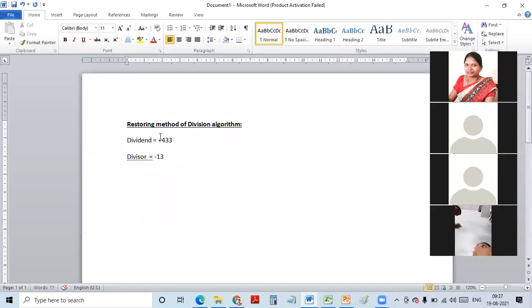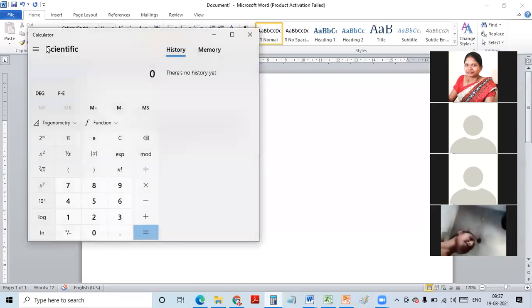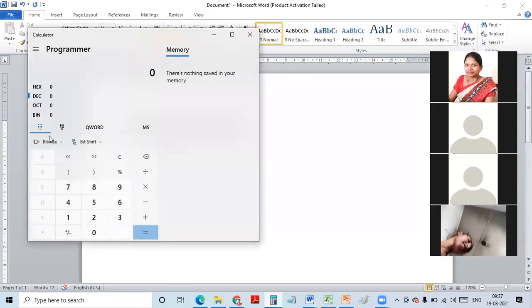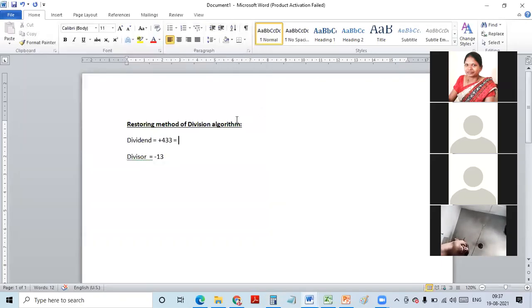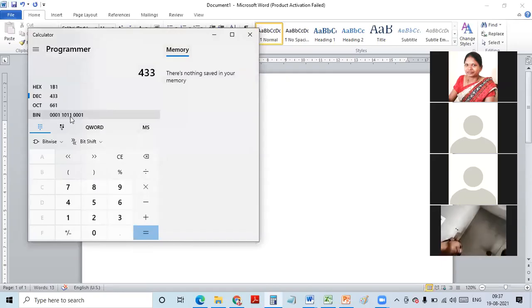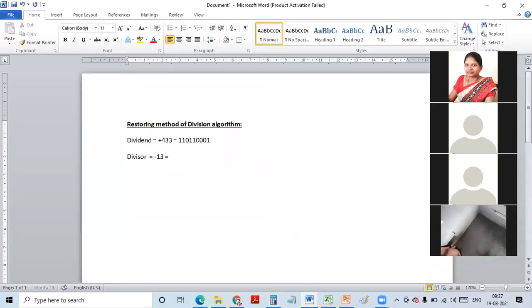So what is the dividend in binary? 433, using the calculator, in binary is 11011 0001. Right? 13 in binary is 1101.